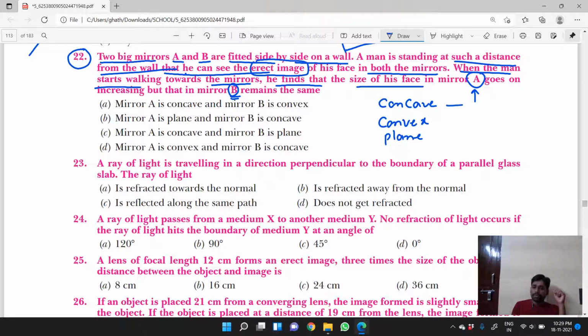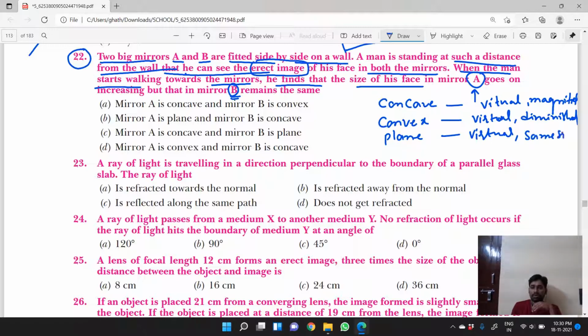These all produce virtual images, but a concave mirror produces a virtual enlarged, virtual magnified image. The second kind of mirror, convex, produces a virtual diminished image. The third kind, plane, produces a virtual image of the same size. So when you are doing any kind of question, try to go to its background and verify yourself.